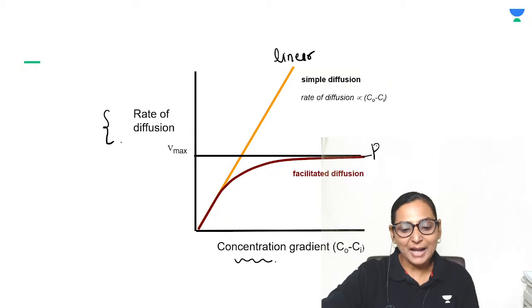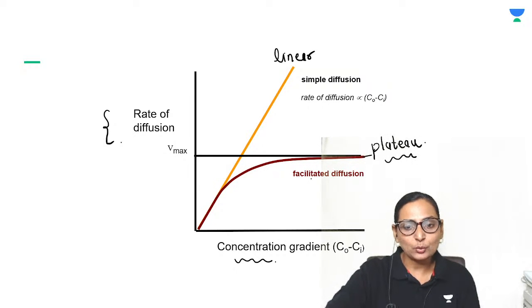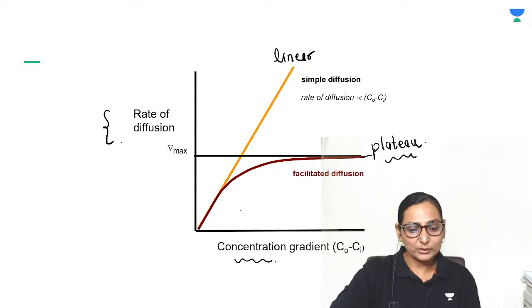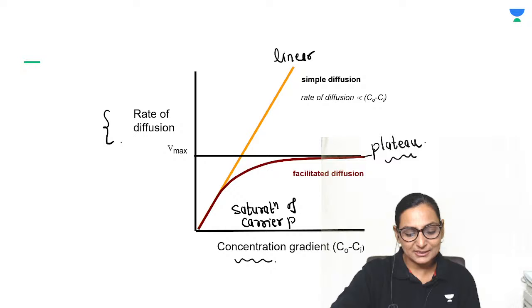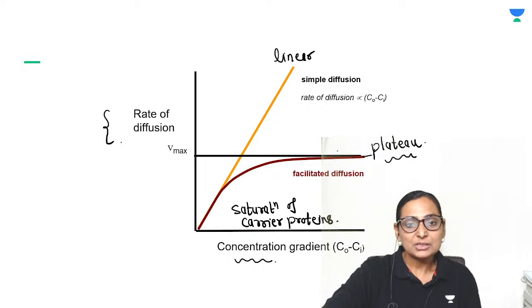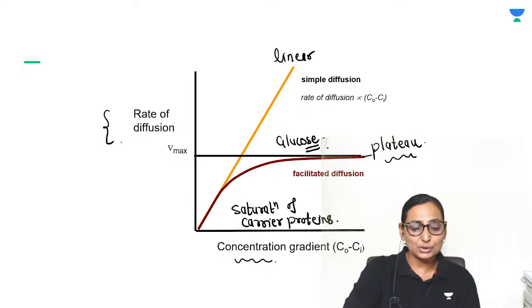This is a plateau which you are getting. So when you are getting a plateau, it is facilitated diffusion. This plateau is because of the saturation of carrier proteins. So very common example is your glucose, right?